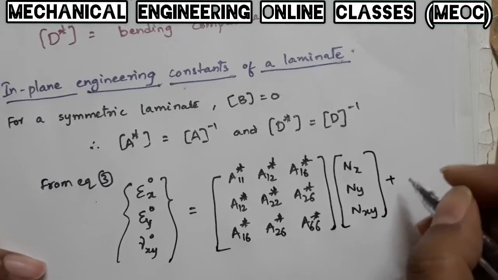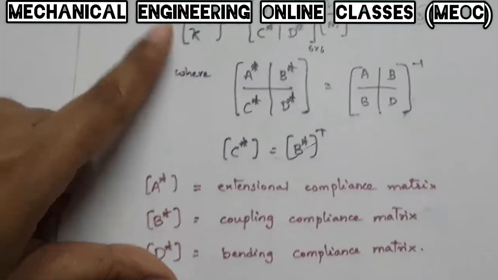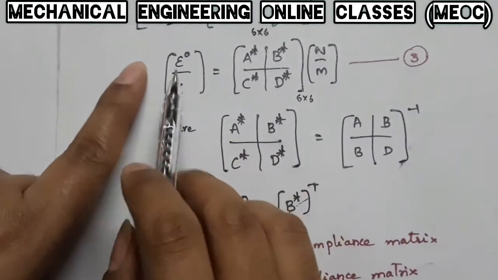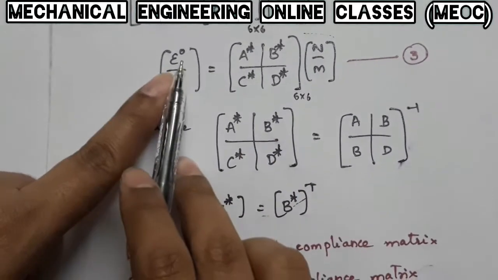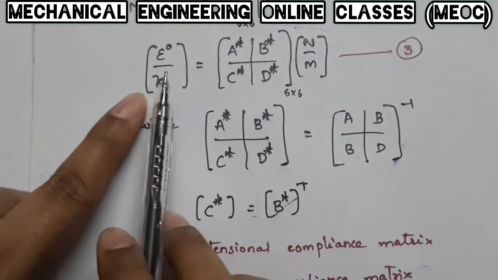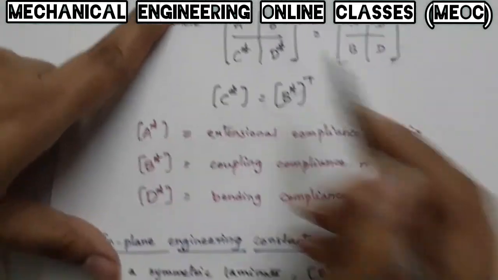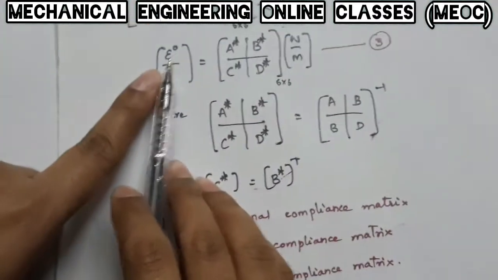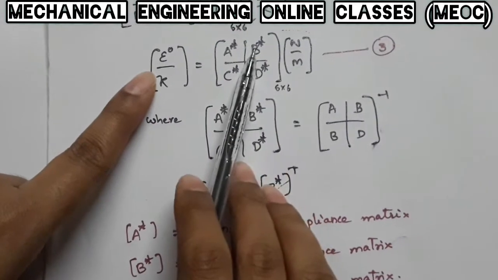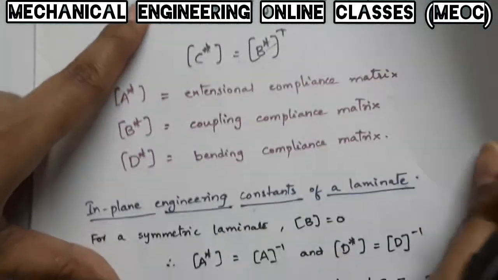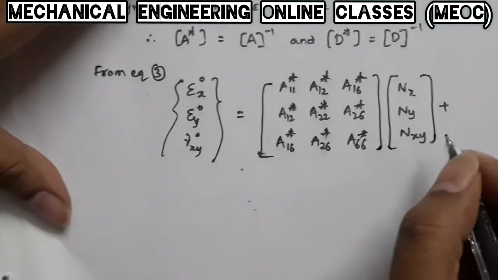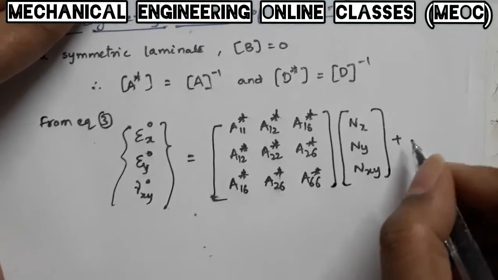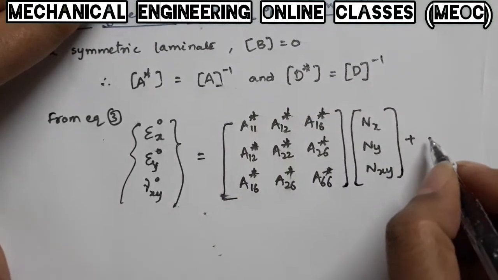plus matrix B. So if you observe this, I am writing only first half of the entire matrix, this is actually a combination of two equations, right? One is the equation of epsilon naught and the other is the equation of K. So I am using only first half of the entire matrix. So it is epsilon naught is equal to A star into N plus B star into M. So if B matrix is equal to 0, then B star will be equal to 0.